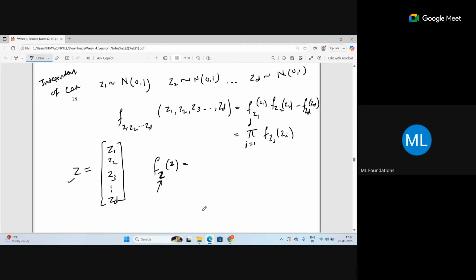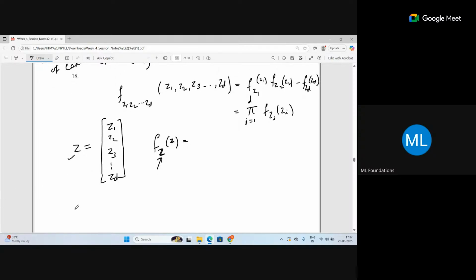But what is the marginal, or what is the density of each zi going to look like? f zi equals 1 upon root 2 pi e to the power minus (zi minus 0) whole square by 2 into 1 square, right?